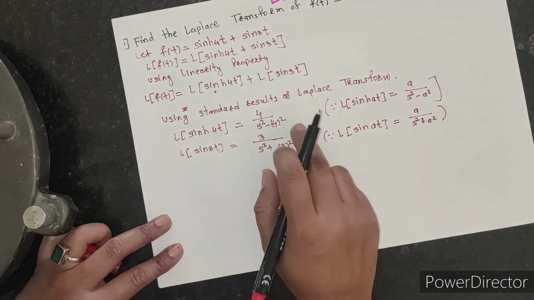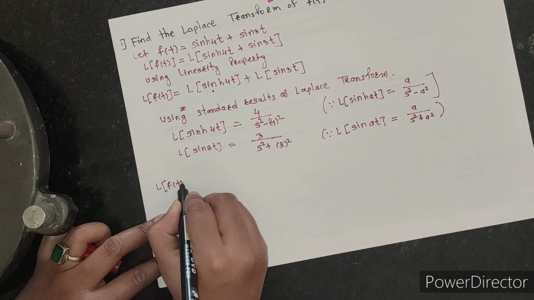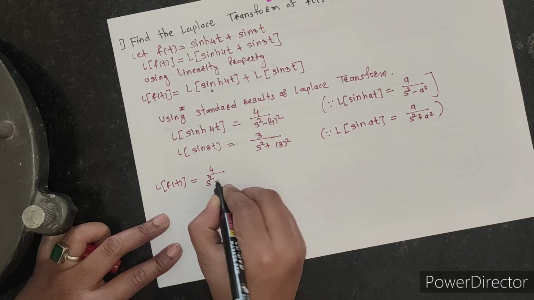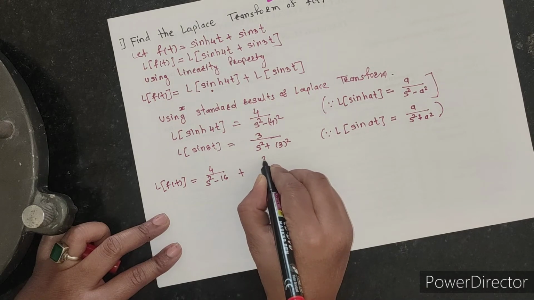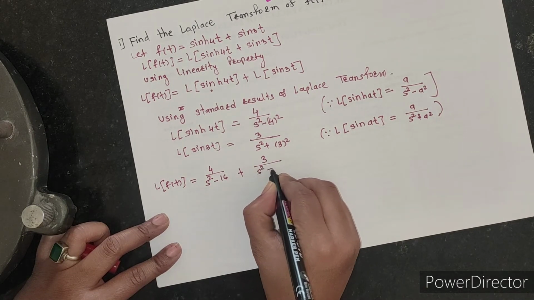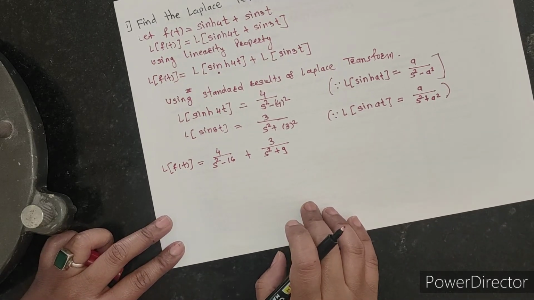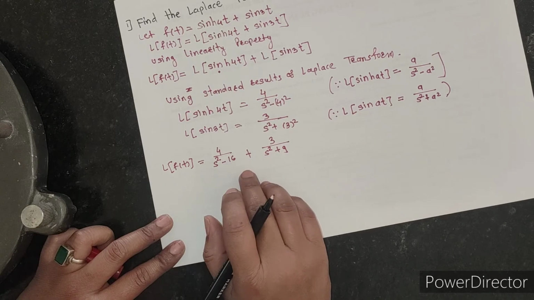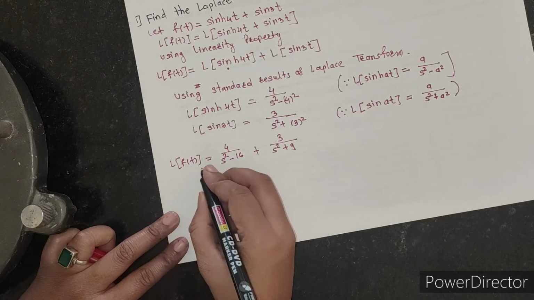Now, substitute these values here. So, Laplace transform of f(t) is equal to 4 upon s square minus 4 square, which is 16, plus 3 upon s square plus 9. Now, we get Laplace transform of sine hyperbolic 4t plus sine 3t.